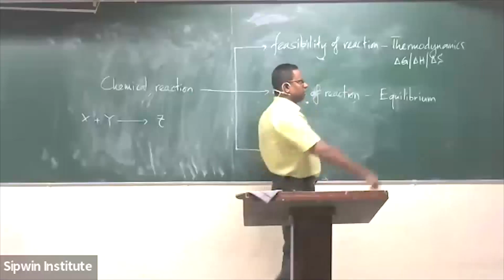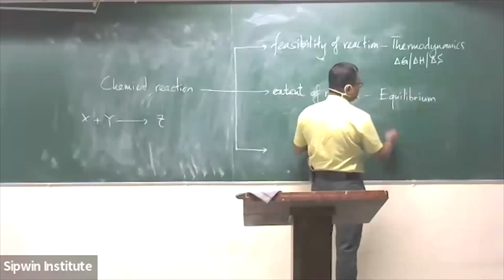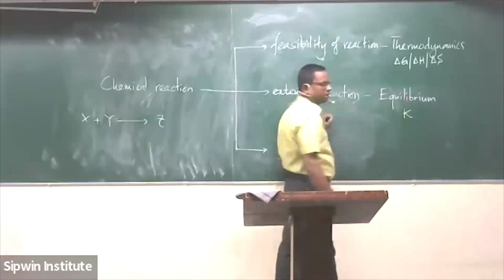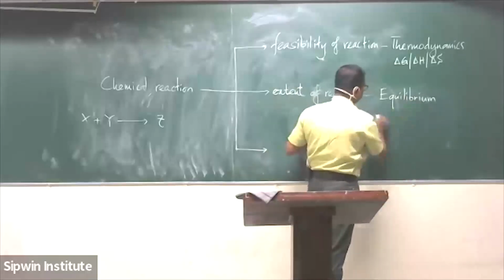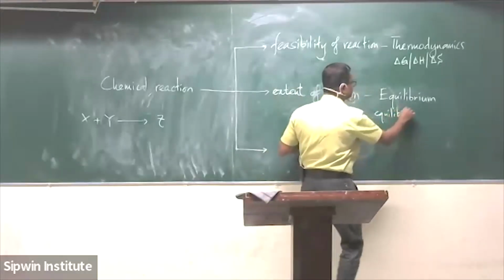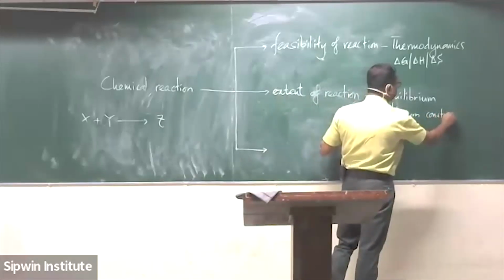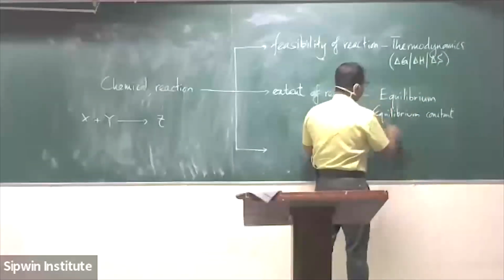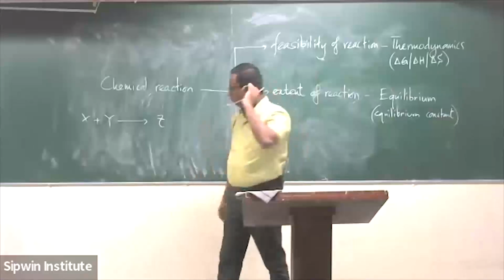To decide that one, like in thermodynamics, delta G, delta H, delta S, here in equilibrium, we use equilibrium constants. So later in equilibrium lesson, using equilibrium constants, we can have idea how much of reaction happen.